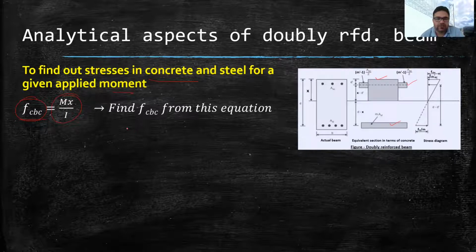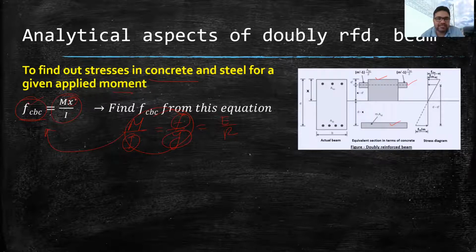I have already discussed the bending equation, which is M by I equals F by Y equals E by R. Using these terms, we evolve this equation. In this, F is replaced by FCBC, Y is replaced by X, and I is the moment of inertia of the effective section. So this is how we calculate the FCBC.